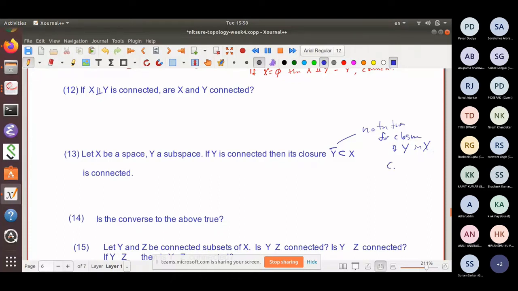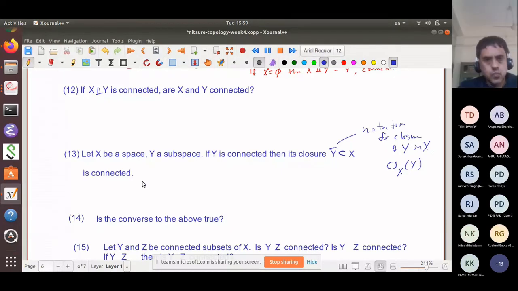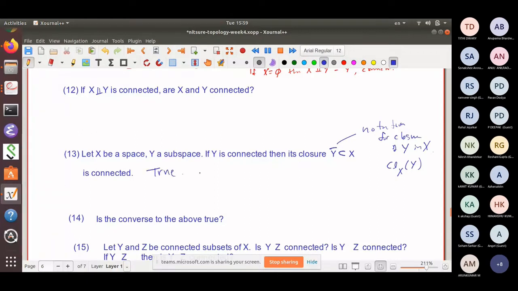Some people use something like closure in X of Y, and so on. All kinds of notations are used. This is the easiest if there is no danger of any misunderstanding. So I'm asking you, if X is a space, Y is a subspace, Y is connected, then is the closure of Y connected? Yeah, any answer? So yes, this is true. Proof. Sonakshi, can you rattle off a proof?